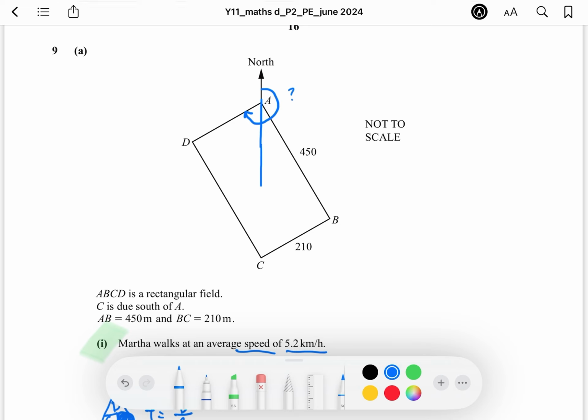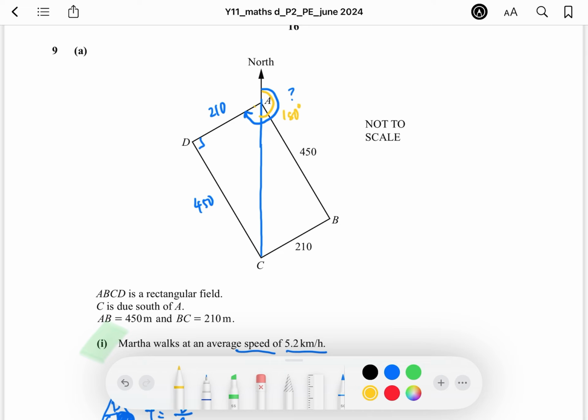Because C is south of A, extend that, what we actually get is a triangle, and this is a right angle triangle because it is a rectangle. We know the sides here, 210, and let me use a different color. This angle here is 180.